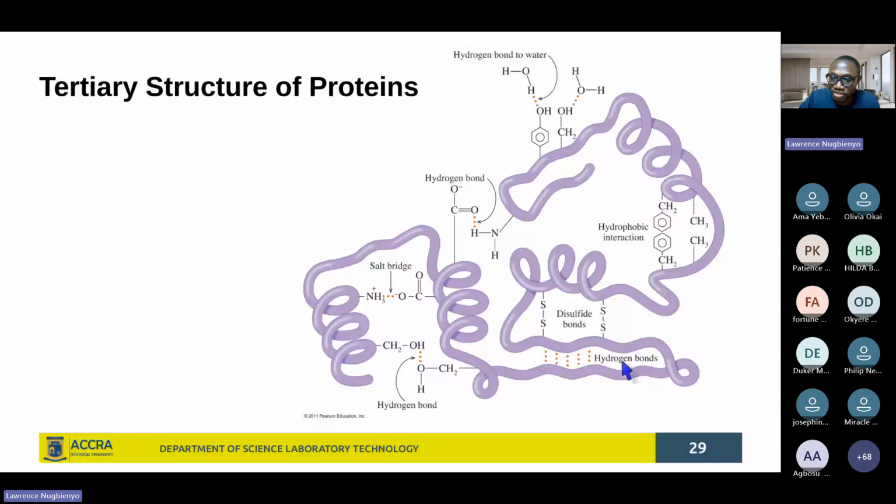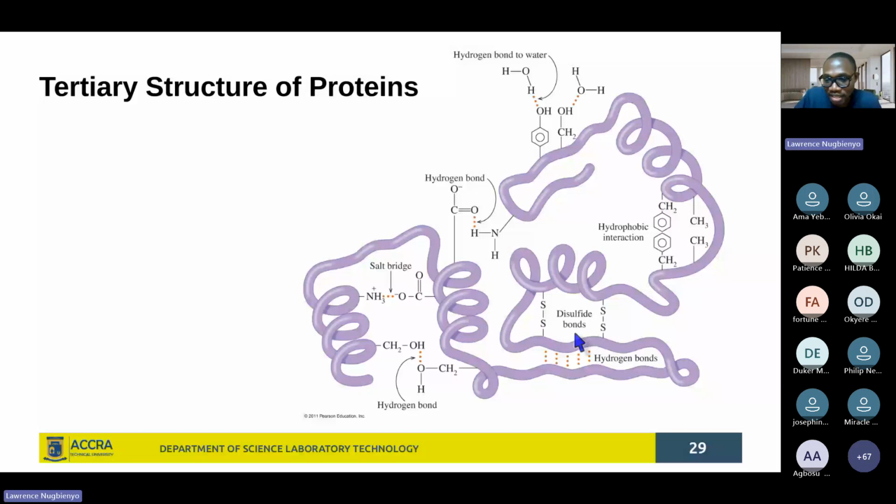We also see what is referred to as disulfide bonds. Now, where can disulfide bonds form? Obviously, it is going to be between amino acids with sulfur in them. And what are those amino acids? We saw two of them, methionine and cysteine.